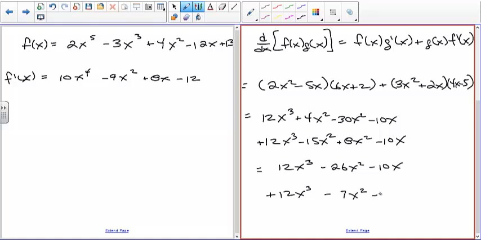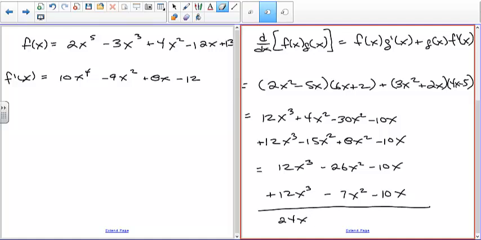We're just combining these terms here, and then we can add vertically. So we get 24x cubed, negative 33x squared, and negative 20x. So that's the answer.